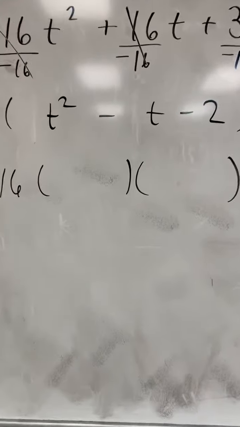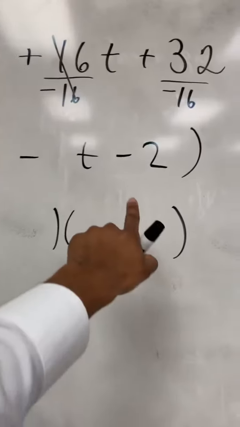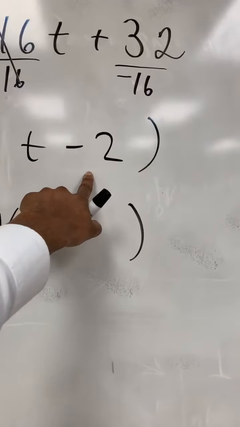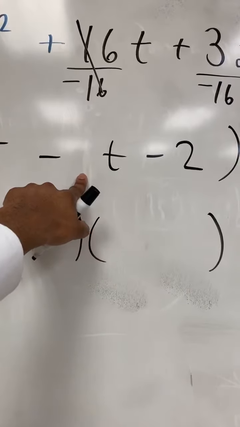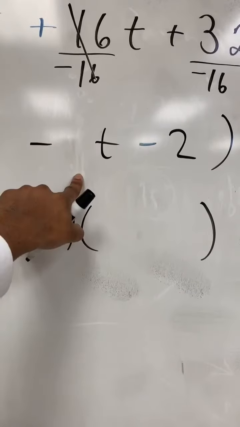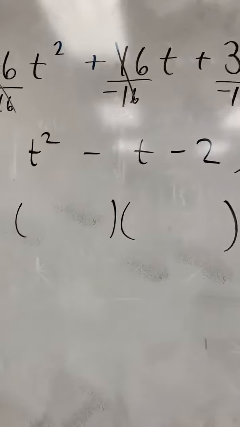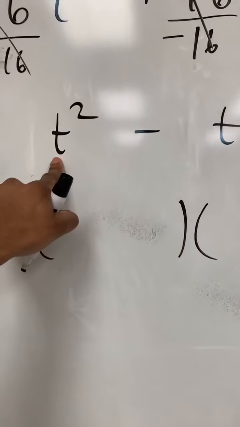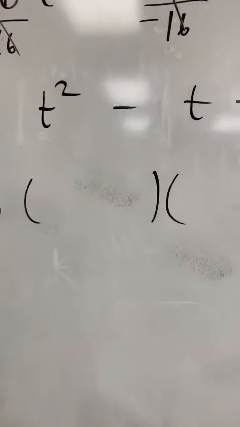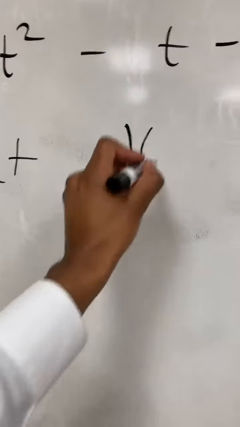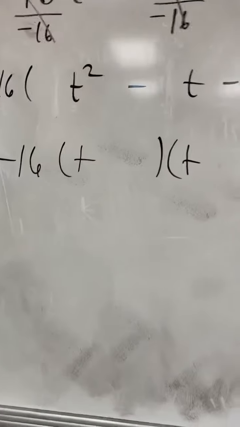So if I look inside of these parentheses, I'm back at looking at this number, which is a negative 2. And then this term right here is a negative 1. Remember, you don't have to show that 1. It's understood to be a negative 1. And then now I have a t to the second power on the front. The first term is normally the easiest term to get correct because all you really have to do is say t times t.